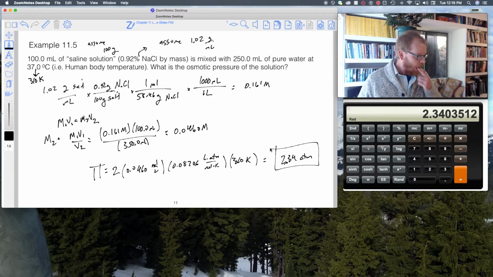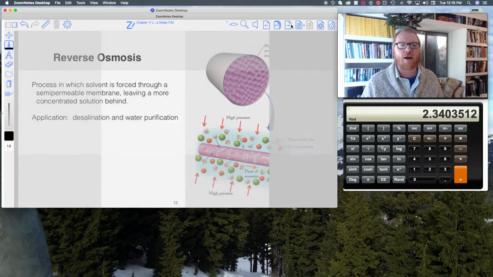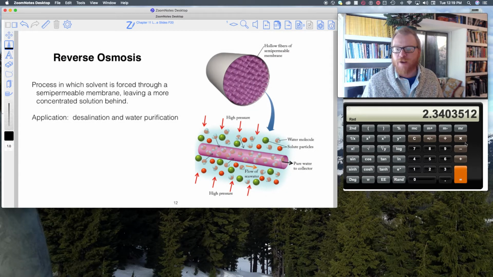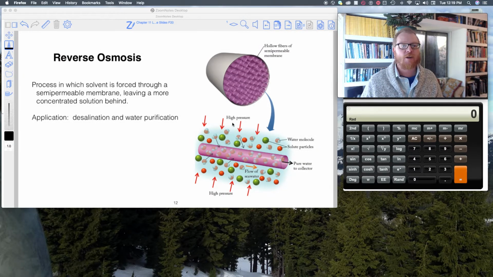So the last thing that I'm going to talk about, just very briefly, is reverse osmosis. This is a process in which the solvent is forced through a semipermeable membrane, leaving a more concentrated solution behind, which is the opposite of regular osmosis.